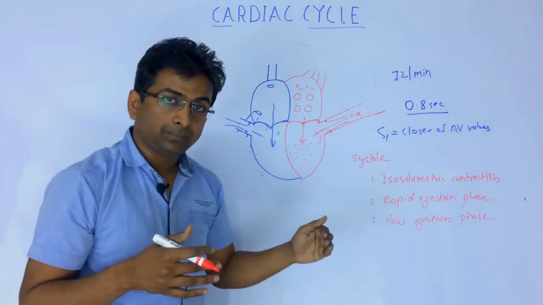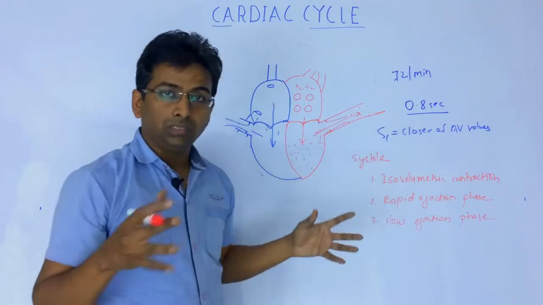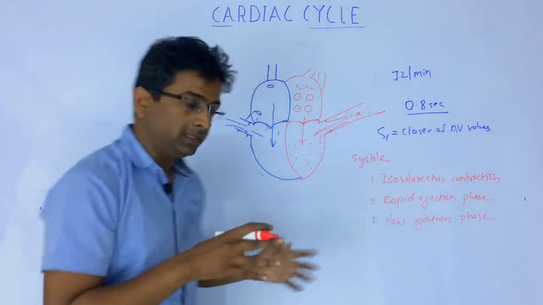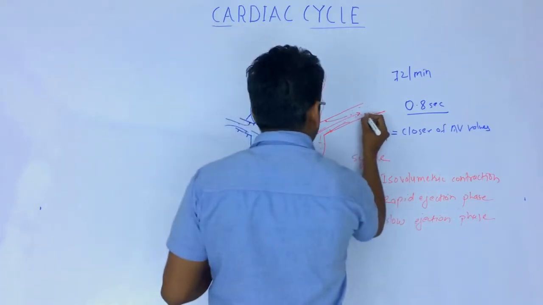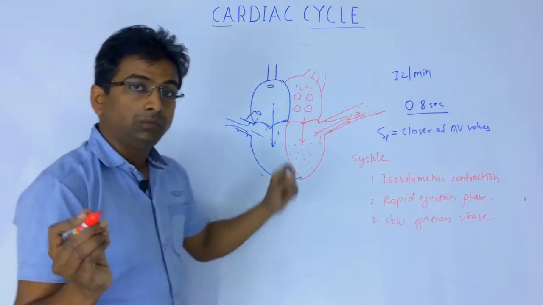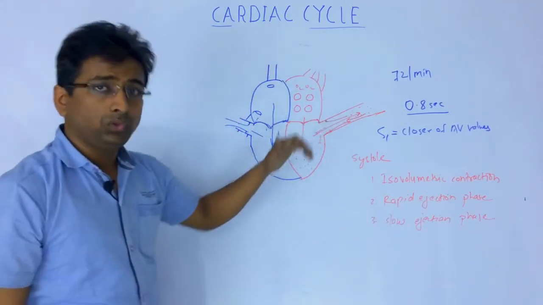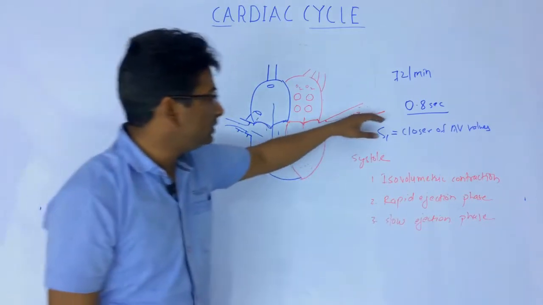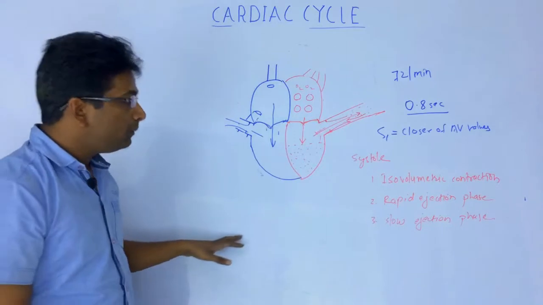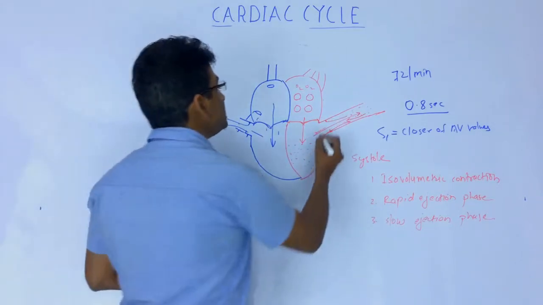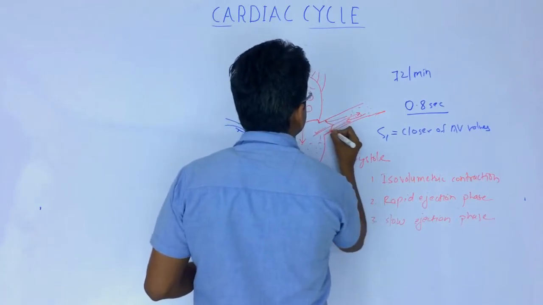It will decrease. As the volume increases, pressure decreases. So the blood column will try to fall back, because blood will always flow from high pressure to low pressure. Blood from the aorta will try to come back, but it cannot go into the ventricle because the semilunar valve will close.